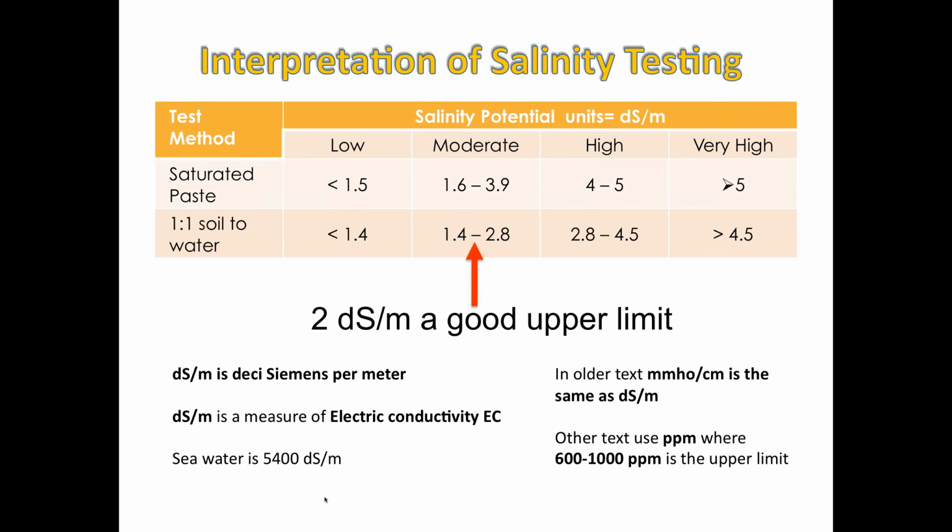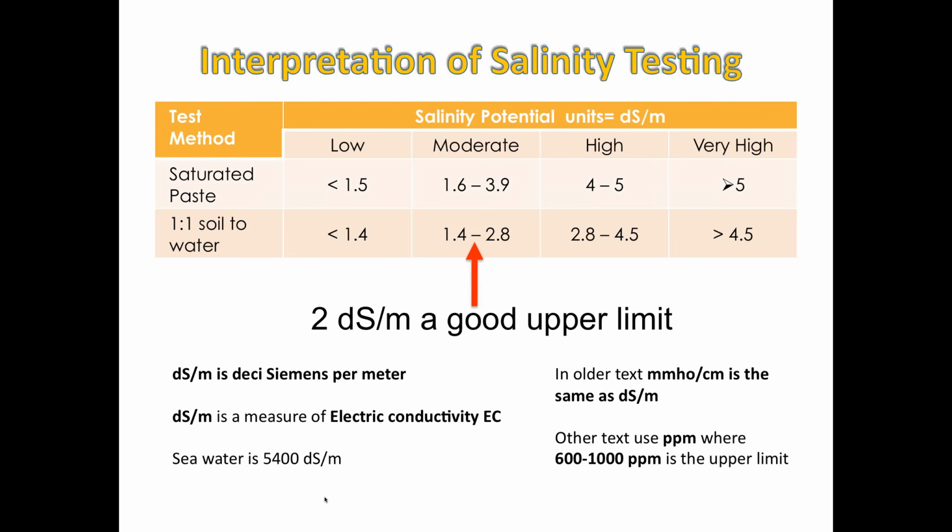So when you're trying to say, okay, what kind of salt am I getting? You're going to send your soil off for a soil test, and you can either get it done by the saturated paste method or the 1-to-1 soil to water method. Different labs do it differently, and they're going to give you different results.